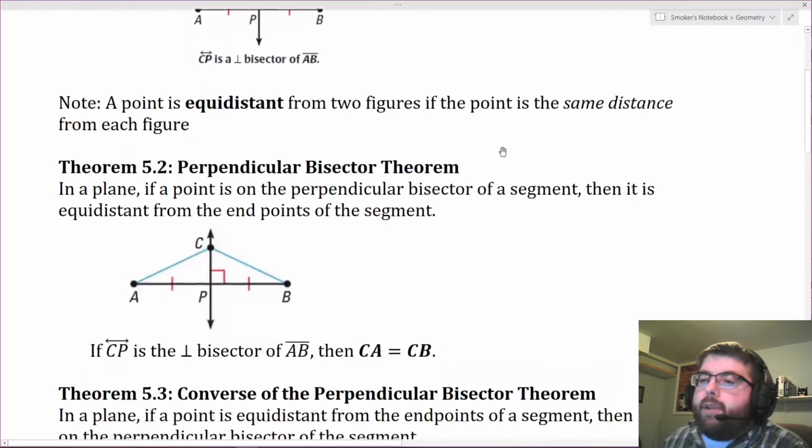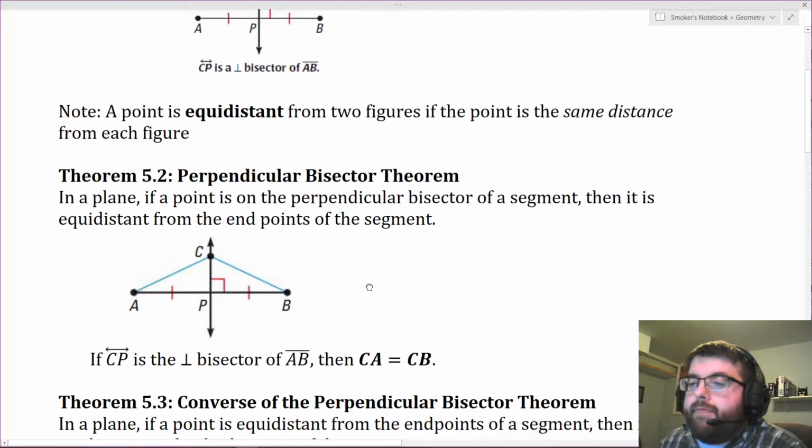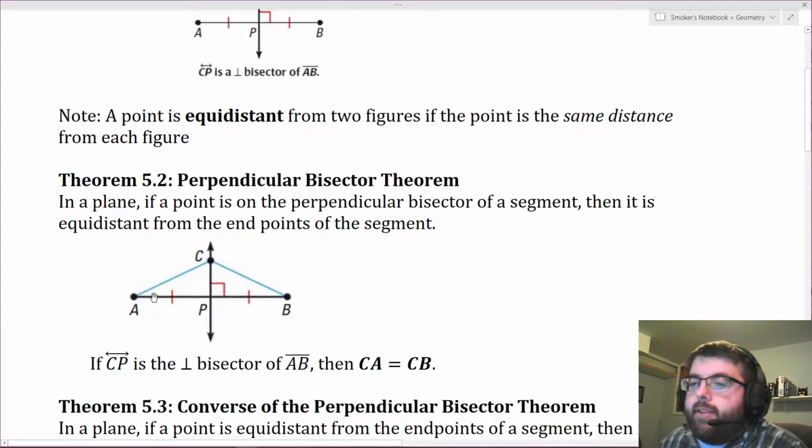All right, so we have a theorem here, the perpendicular bisector theorem, and we're going to use the definition of equidistance in it. In a plane, if a point is on a perpendicular bisector of a segment, then it is equidistant from the endpoints, just like I said. So point C will be the same distance from A as it is from B. There we go, equidistance.